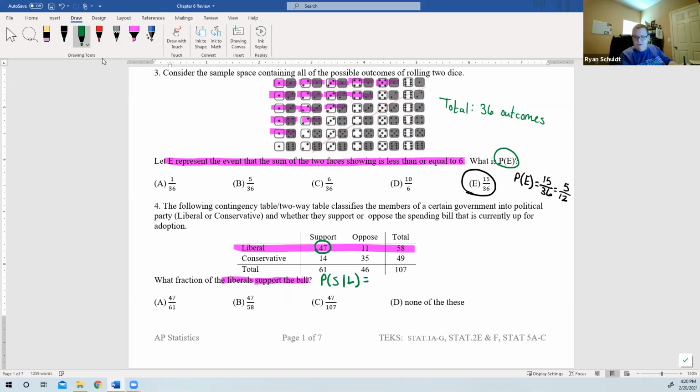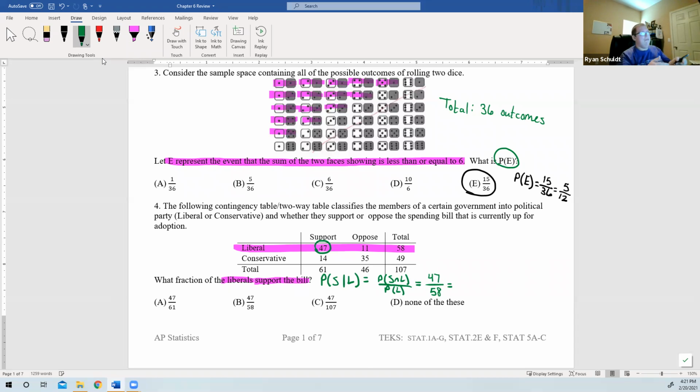So remember, our formula for conditional probability says we need to do the probability that they support and they're liberal divided by the probability of liberal. The intersection is that 47 we circled. The number that are liberal, we can just say is the 58. So then we say 47 out of 58.